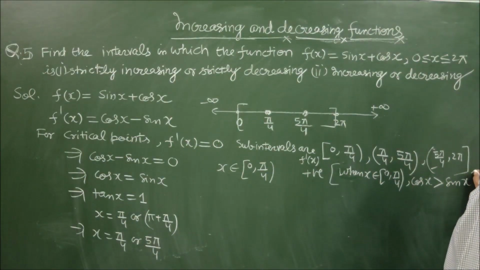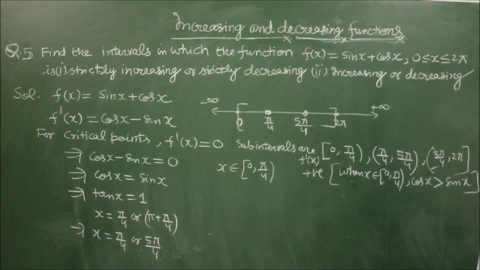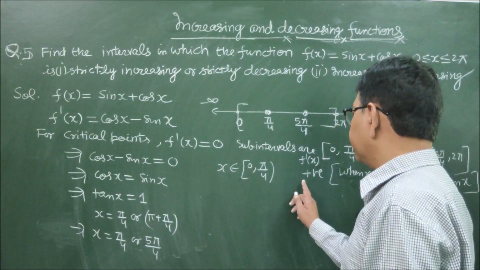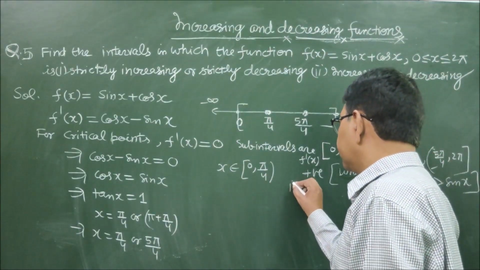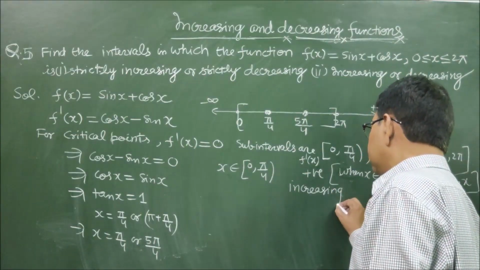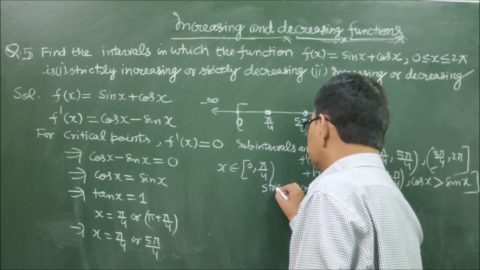Therefore, the difference cos x − sin x, the derivative f'(x), is positive. So in this interval, the given function is strictly increasing.